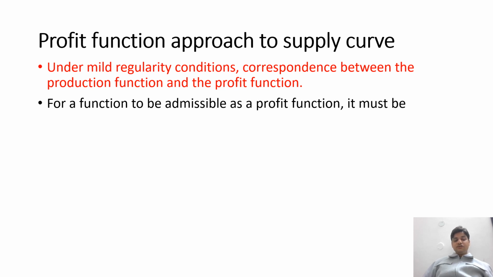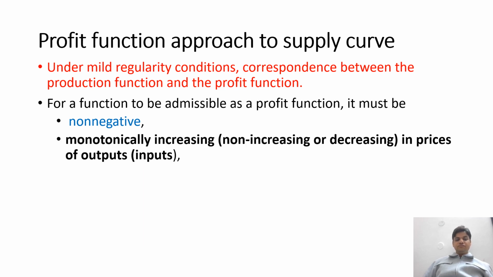For a function to be admissible as a profit function, whichever specification you take, it must have non-negative quantities. It must not admit negative quantities, monotonically increasing in prices of output and monotonically decreasing or non-increasing in prices of input.